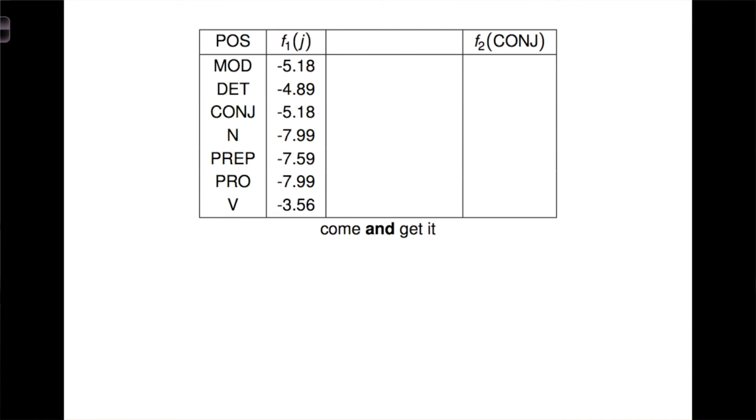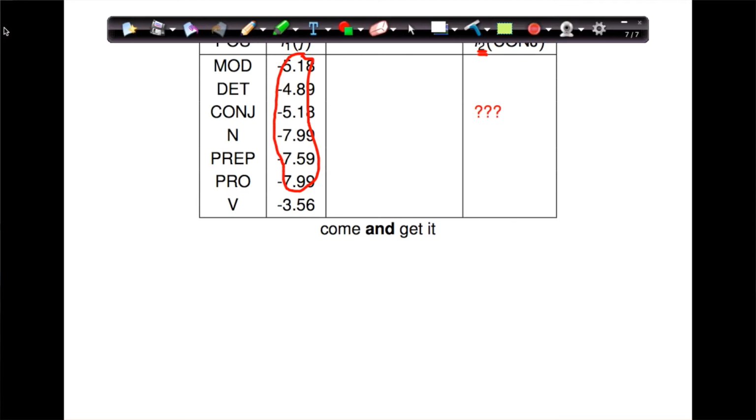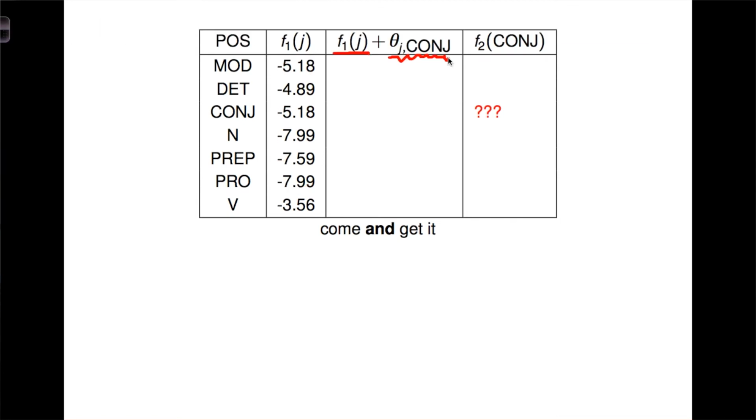And so then to continue this, we now have our base case score that we computed on the previous slide, and we're going to extend that with the goal of filling in each of the cells of the best score for getting to the second position in the sentence, which is the word and, and add in the score for going from whatever that previous part of speech was to conjunction.